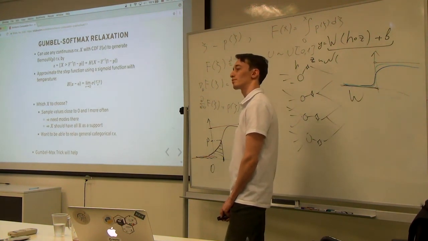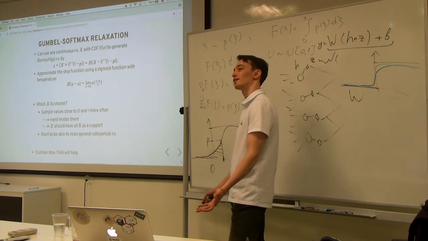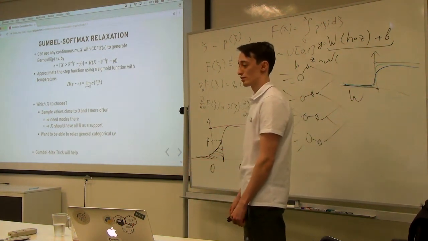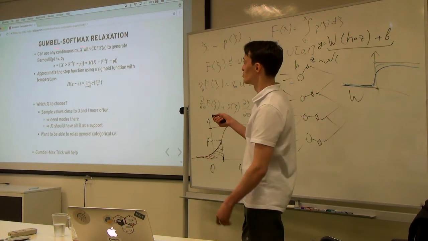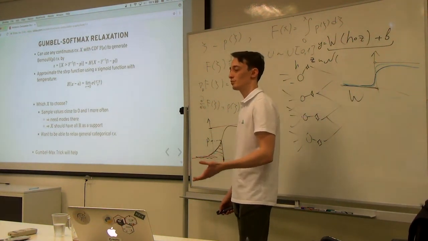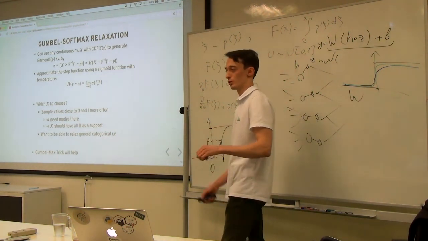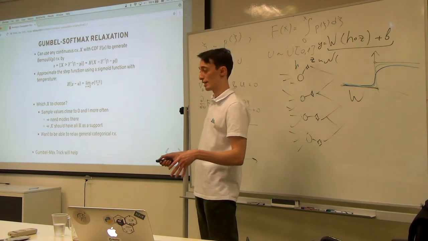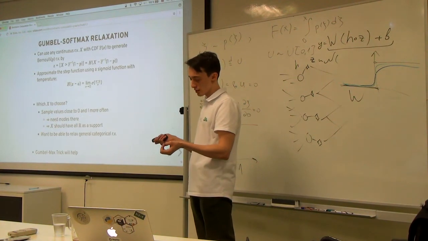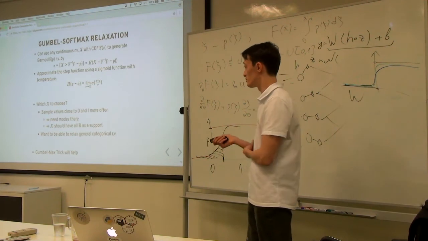Right. And for the categorical, for the non-binary case, you have to construct some stick-breaking process apparently. That's actually my motivation for the Gumbel softmax, that it's the only scheme, at least known to me, that is naturally general for the multivariate, categorical case, and it has a special case for binary random variables.